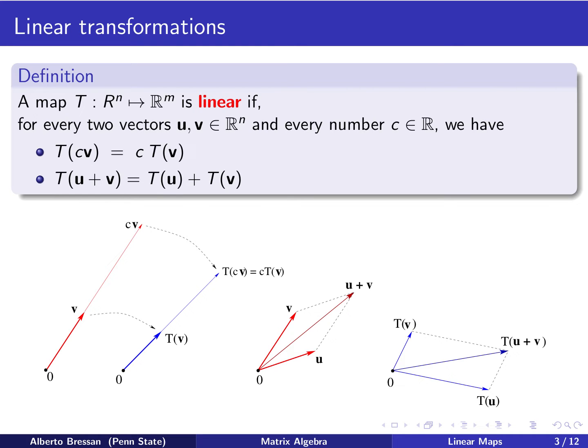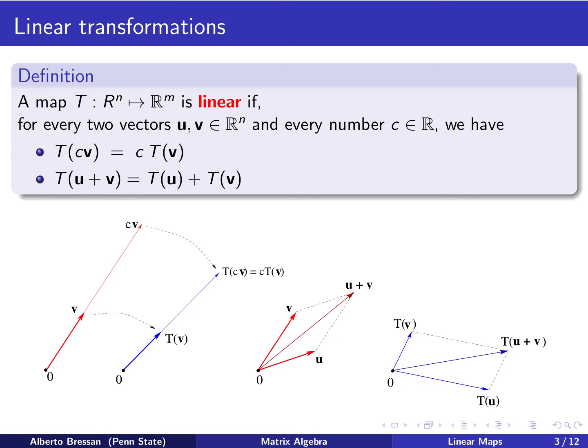We mentioned the term linear map, so let's define this concept of linearity. What do we mean by a transformation being linear? Here's the definition. I have a map T from R^n to R^m, and this map is called linear if the following holds. Given two vectors u and v, both in R^n, and any number c, a real number, we have the following.